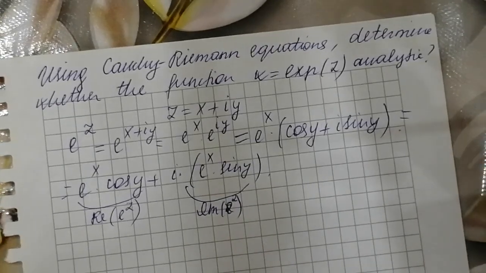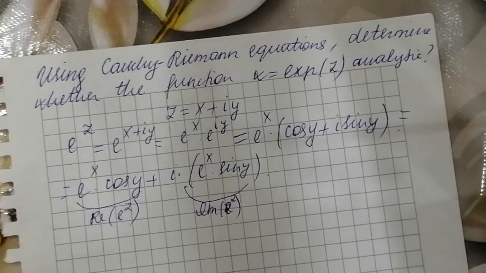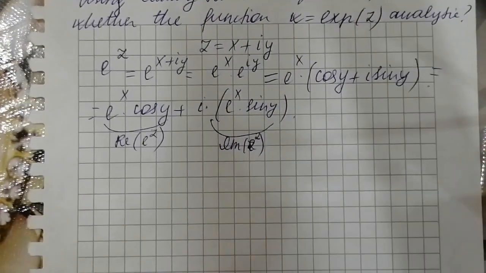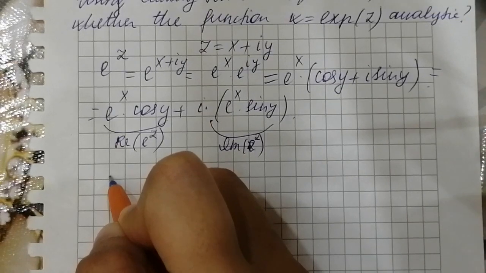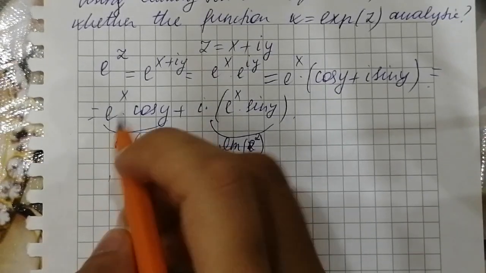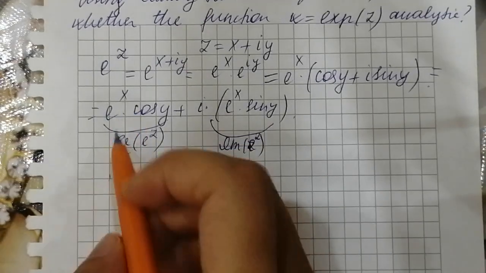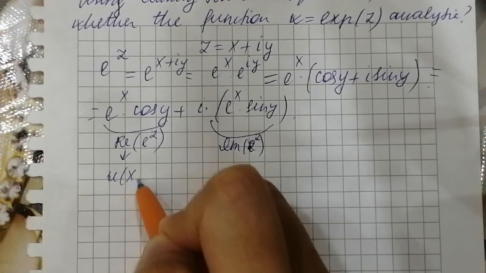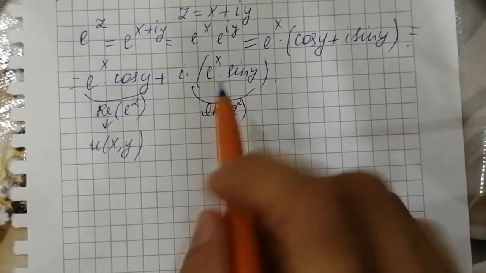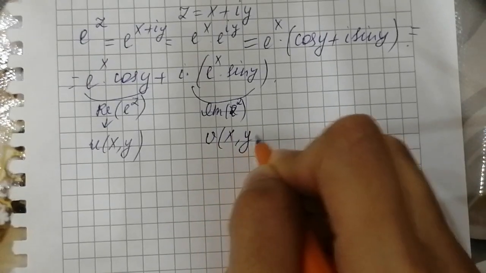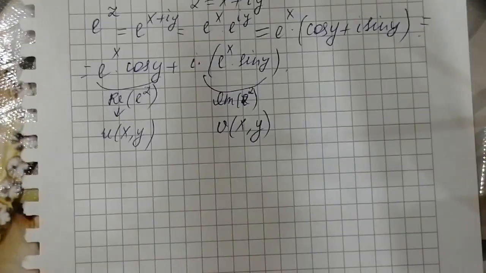Let's show whether the Cauchy-Riemann conditions are satisfied or not. Cauchy-Riemann conditions, what are they? Let's say the real part of the function is equal to function u of x and y, and the imaginary part of the function, let's call it function v of x and y.